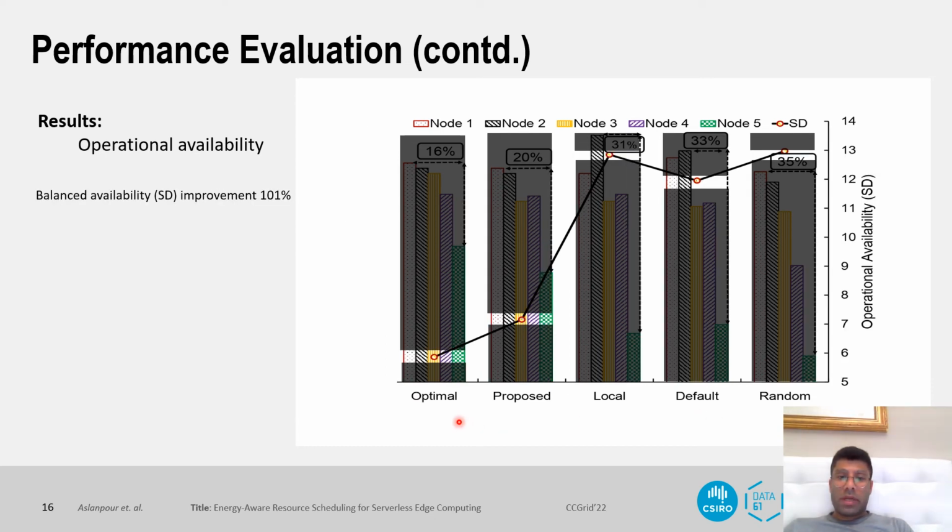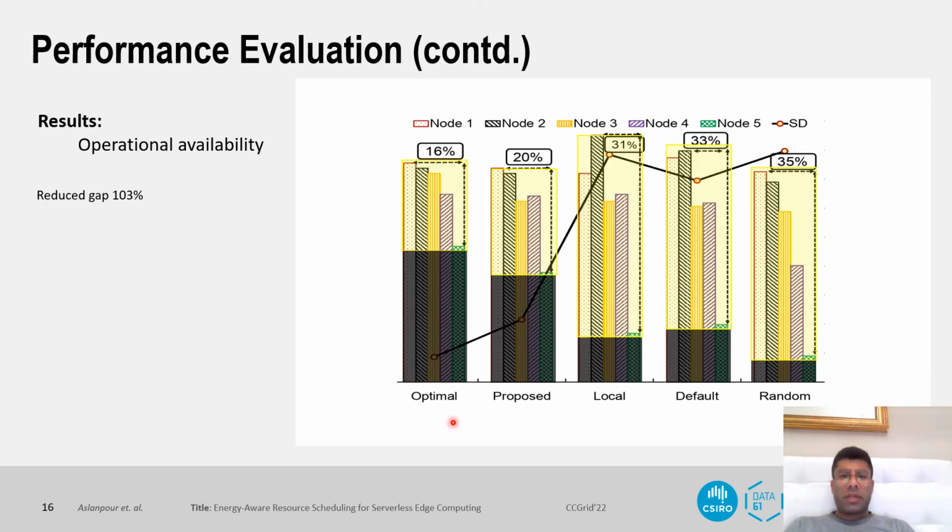And when we look at the difference between the availability of nodes in a cluster, the balanced availability, we can see that the optimal and proposed solutions could minimize this more than the other ones. From another view, we can compare the longest available node and the shortest available node in the cluster, and you can see that the optimal and proposed solutions could minimize this one as well more than other ones, specifically the default scheduler of Kubernetes.